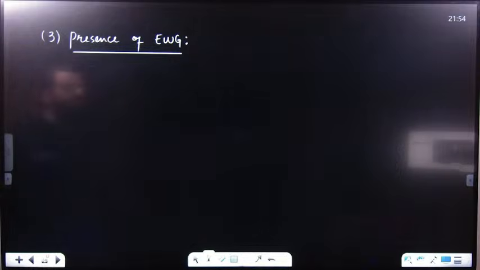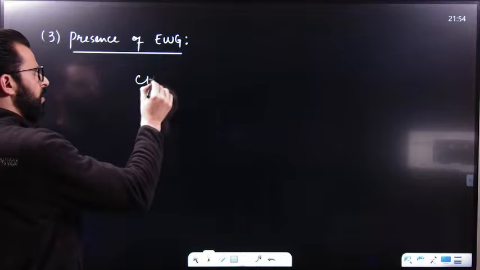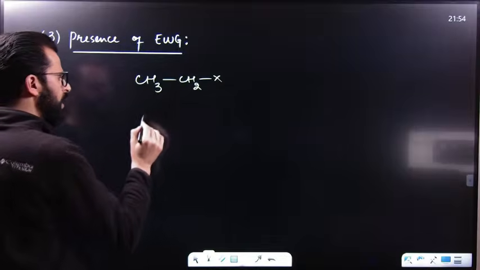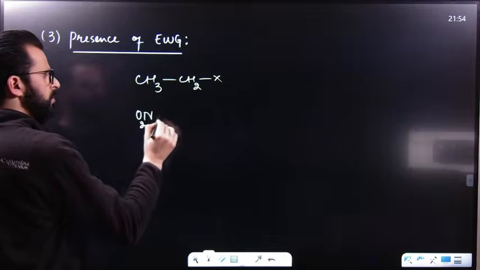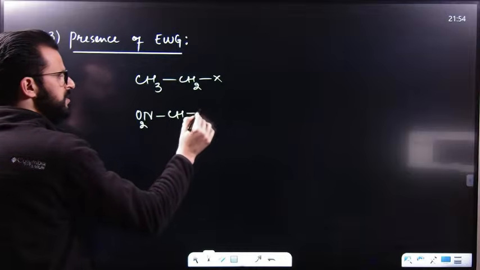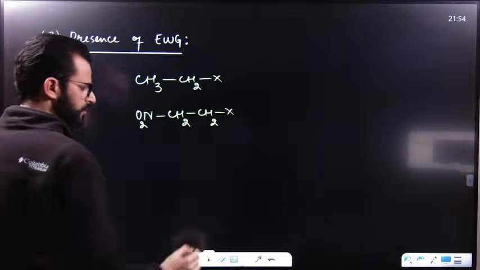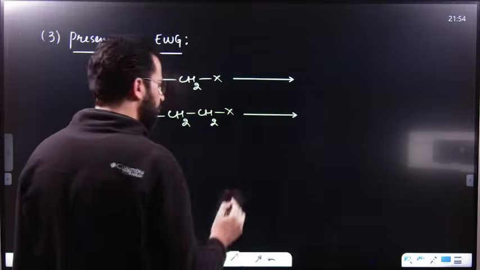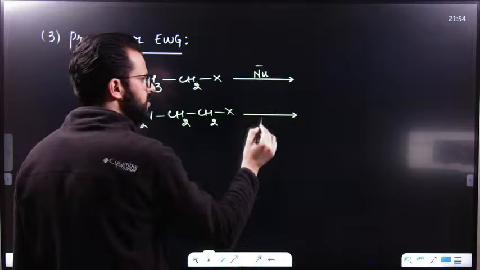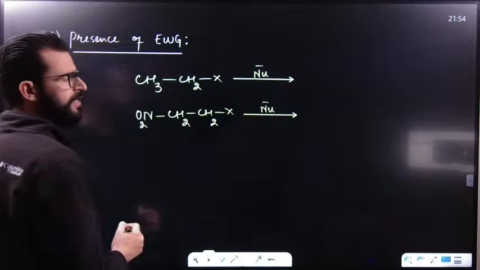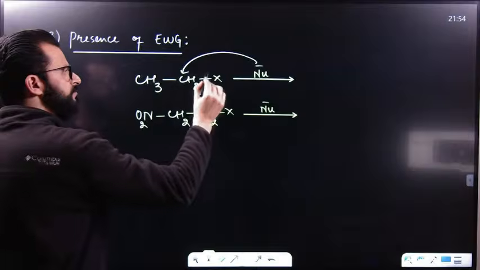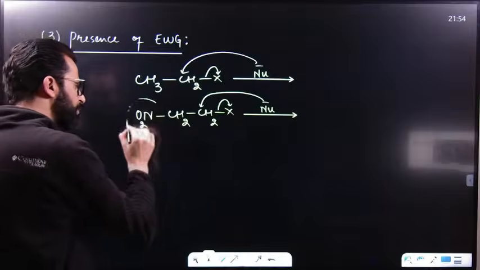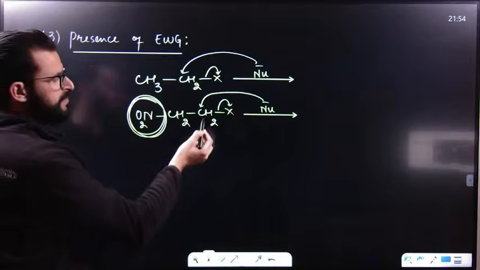Now after that, the presence of an electron withdrawing group. Have a look. If you are having CH3, CH2X, and you are having NO2, CH2, and then CH2X, what will happen? The nucleophile attacks the electron deficient site. Here it will attack this and this will leave. But here it will attack this and it will leave. Due to the presence of the electron withdrawing group, this becomes more deficient.